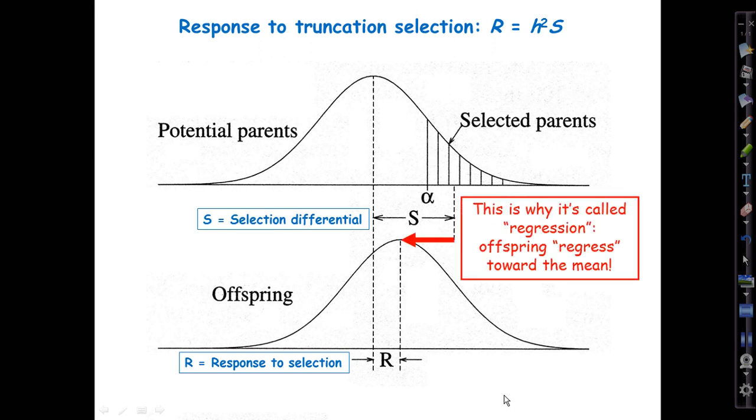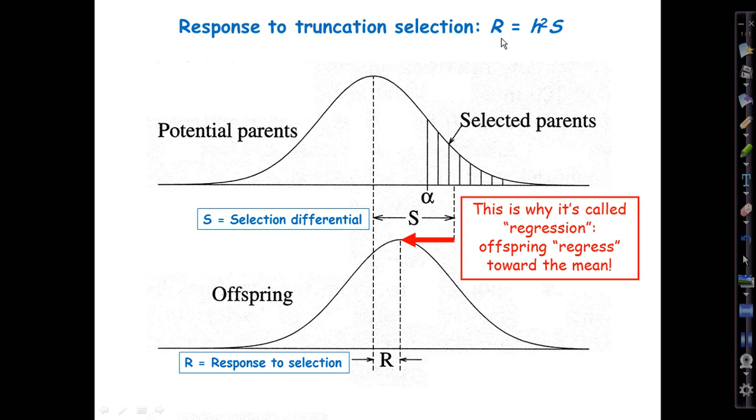Okay, it turns out that the ratio of R to S, that is the fraction of the selection differential that we actually achieve as a movement or improvement in the population mean, that ratio or efficiency is another way to estimate the heritability.